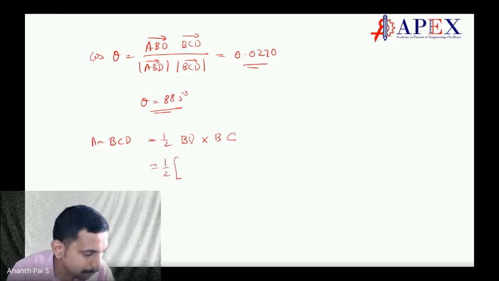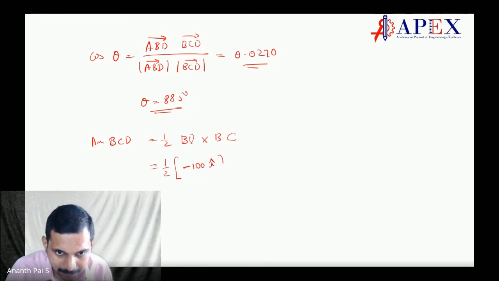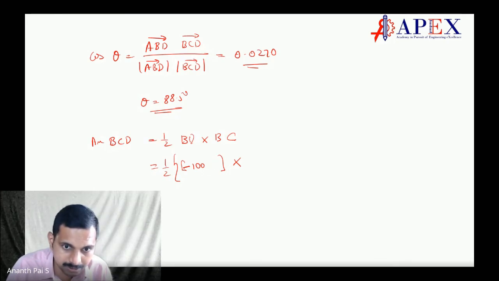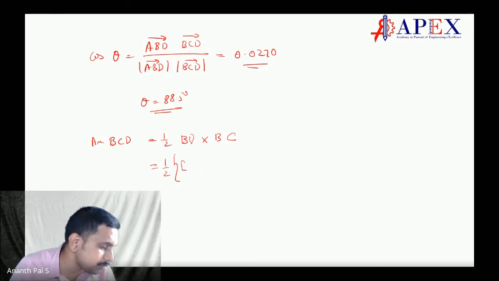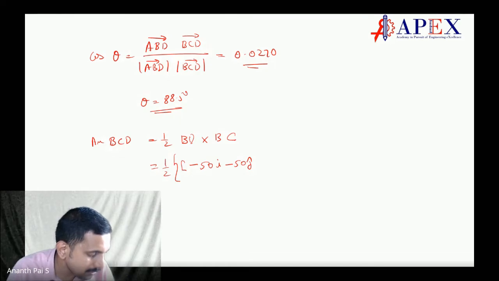What is BD? I'm sorry, BD is not this. If you go from B to D, it goes along the x direction by 50, so minus 50I, minus 50J, plus 300K, correct, students?